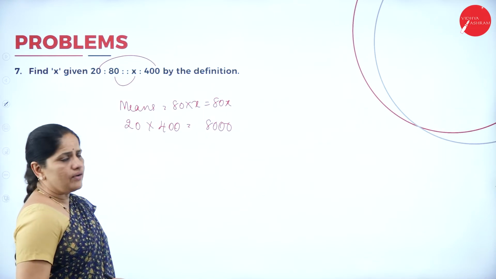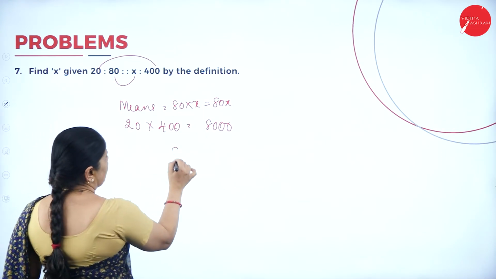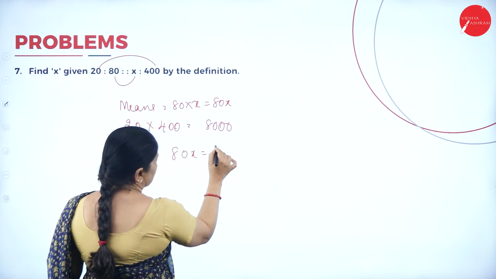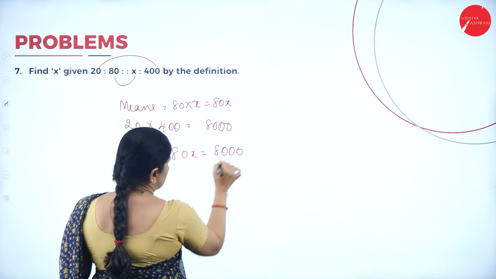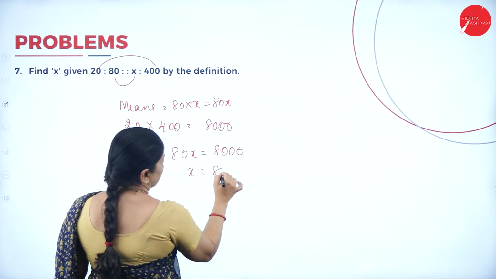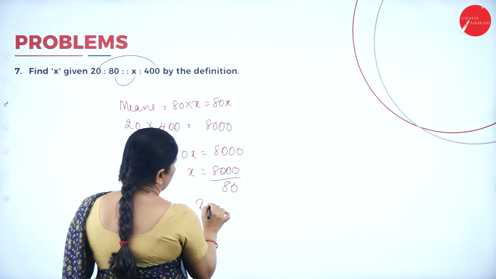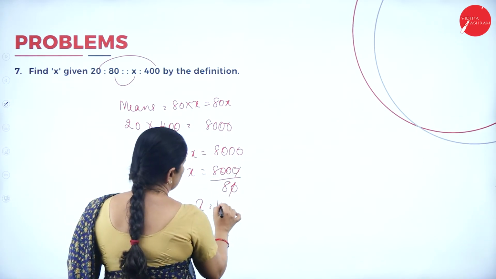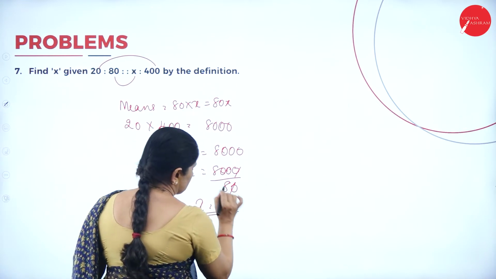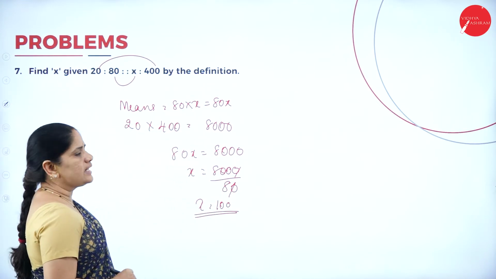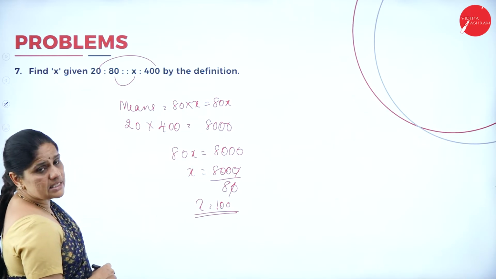Now we know that 80x is equal to 8,000. X will be equal to 8,000 by 80. X will be equal to 100. So x equals 100. So this is the answer.